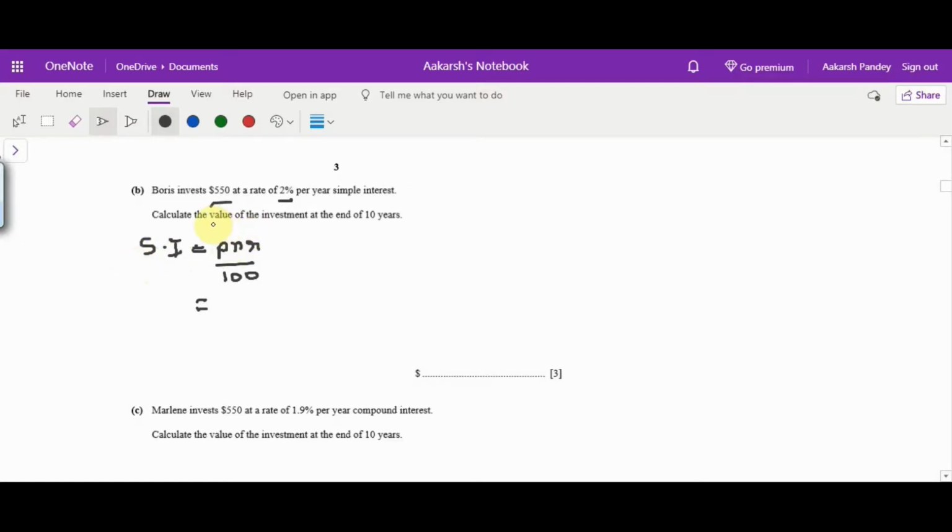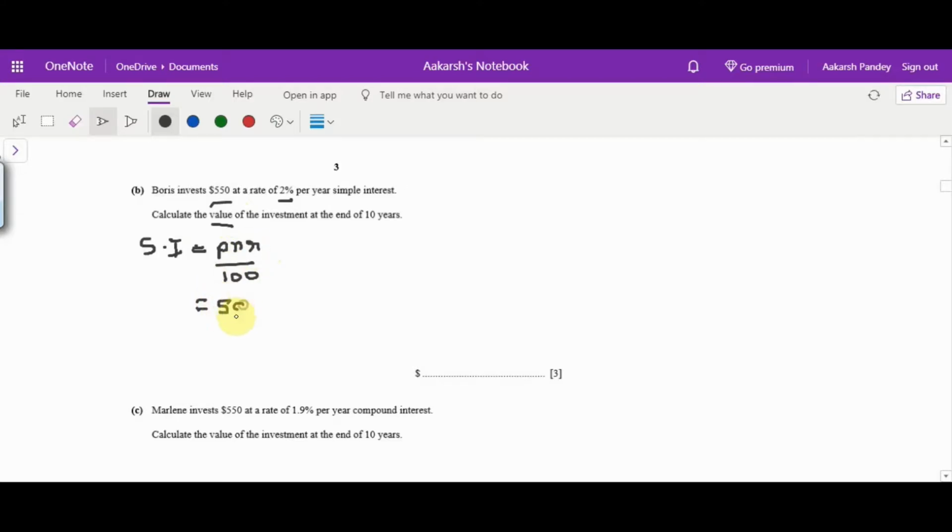So we need the value of the investment, which is the principal along with the interest. So firstly, let us just calculate the simple interest. P denotes the principal amount which I invest. N is for how many years we are investing that, and R is rate of interest.